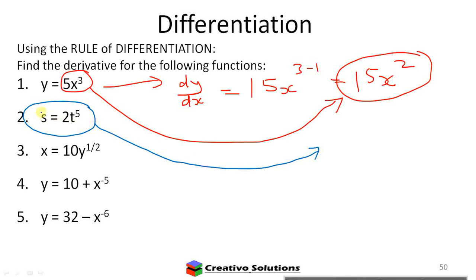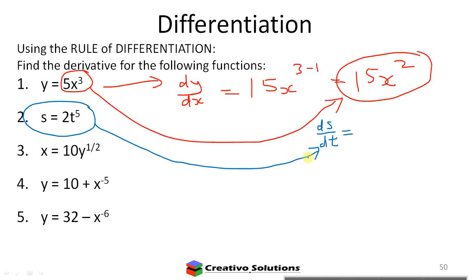If I've got s and I've got t, the notation will change. You don't have y's and x's. So the notation here would be ds over dt. That would be the notation.